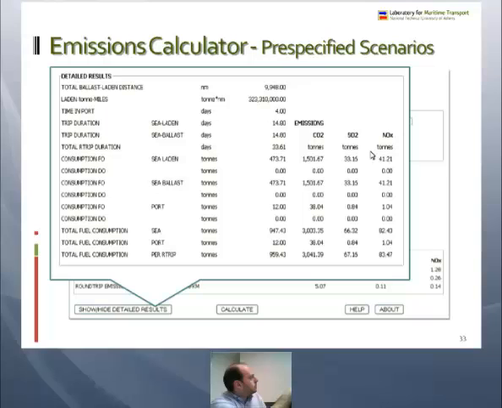And here you can see the emissions produced in the laden leg, in the ballast leg, at sea, in port, and per round trip.